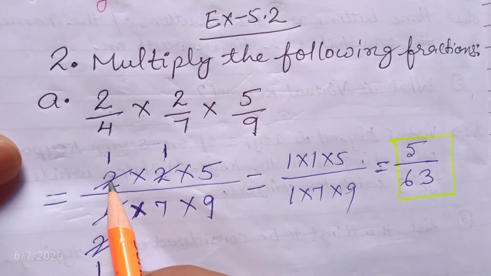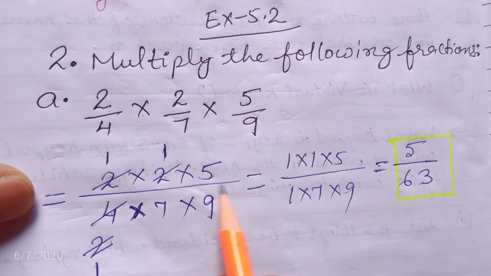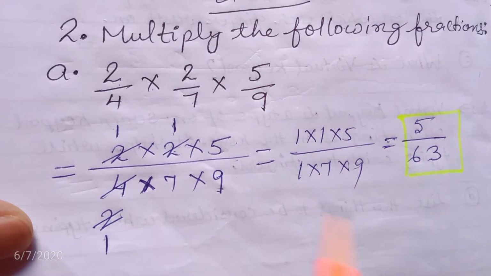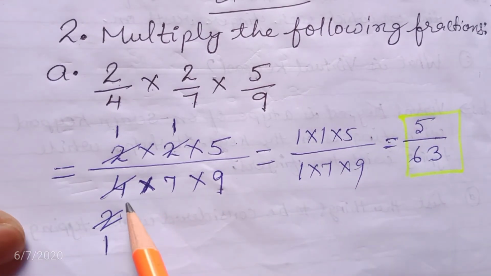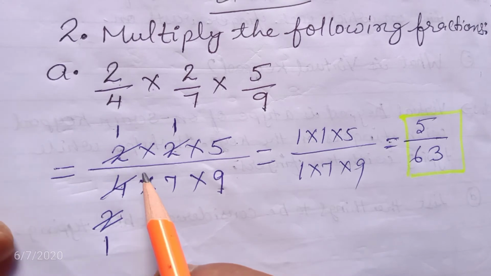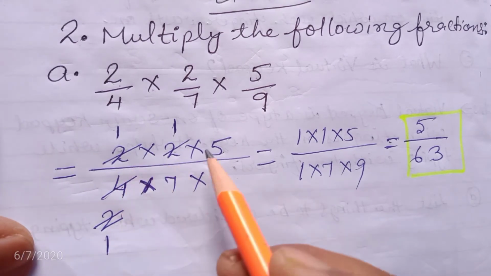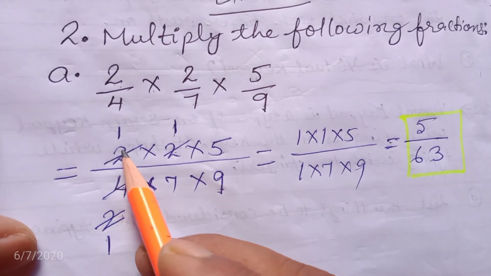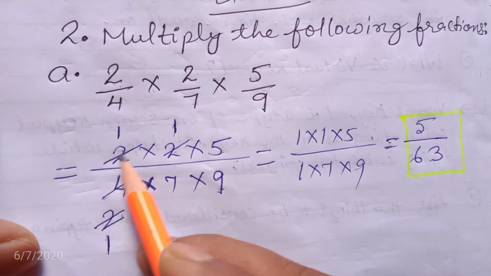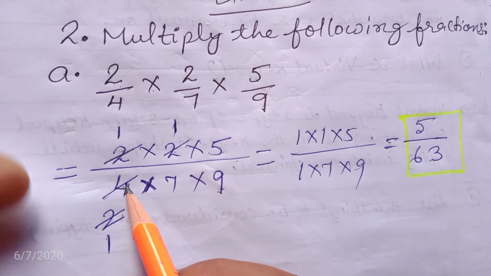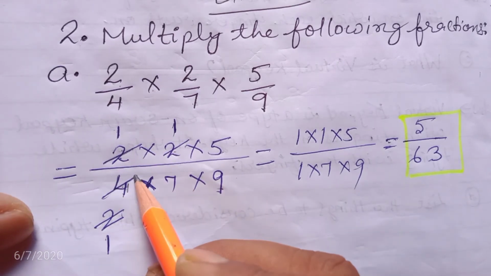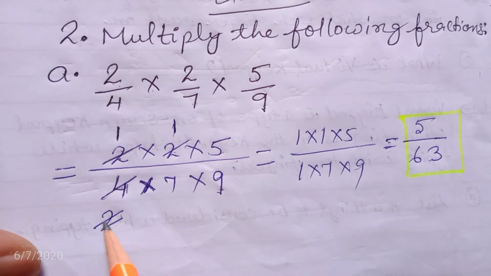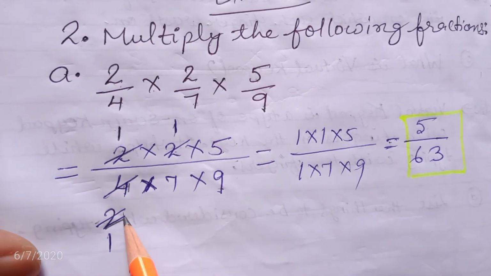So 2 into 2 into 5 divided by 4 into 7 into 9. Now see, there are some common factors. Cancel the common factors. See, this is 2 and this is 4. Numerator 2, denominator 4. 2 and 4 have common factor 2, so divide both numbers by 2 and write the quotient. 2 divided by 2 is 1 and 4 divided by 2 is 2.